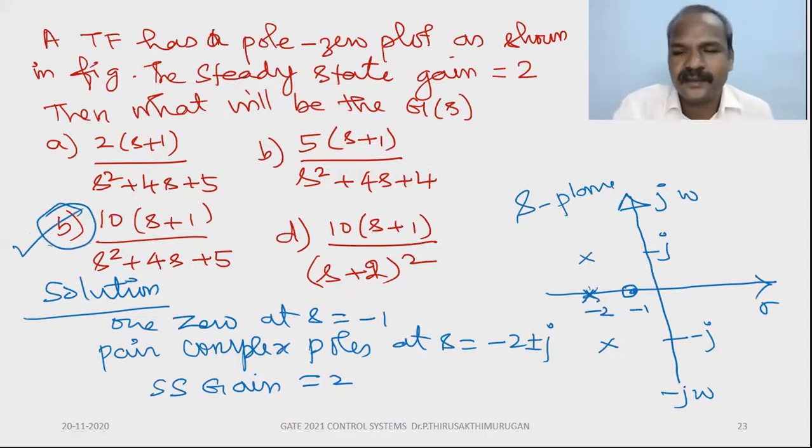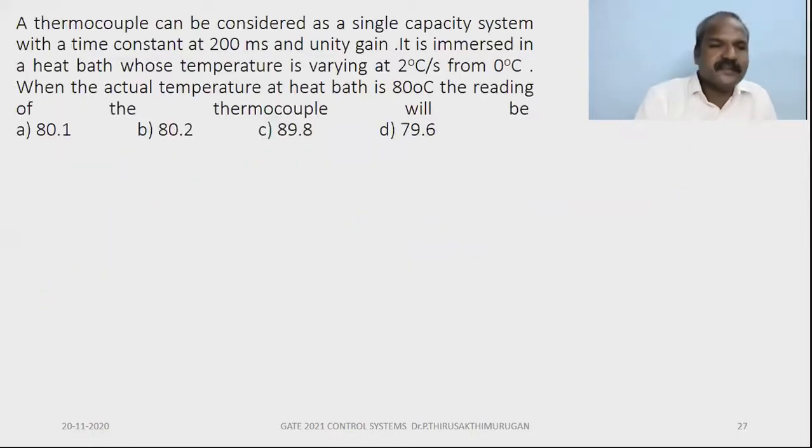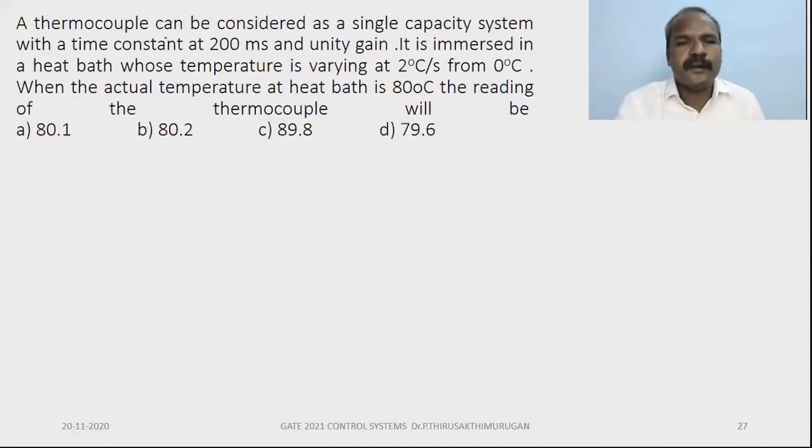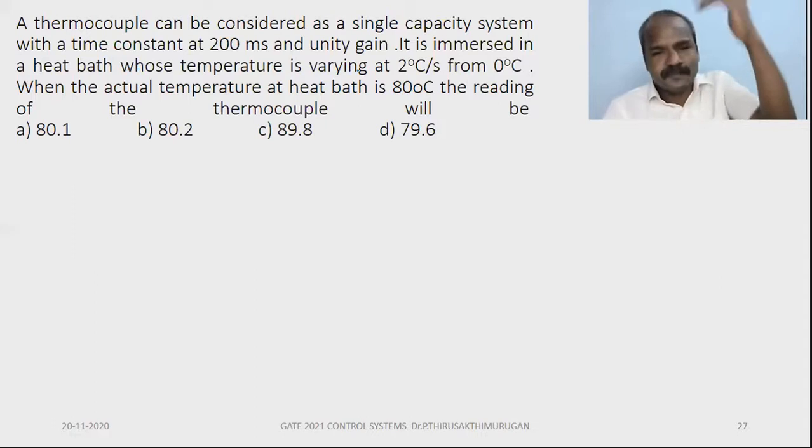Please do it. Next is a thermocouple, a very simple problem. A thermocouple can be considered as a single capacity system with a time constant of 200 milliseconds and unity gain. It is immersed in a heat bath whose temperature is varying at 2 degrees Celsius per second from 0 degrees.